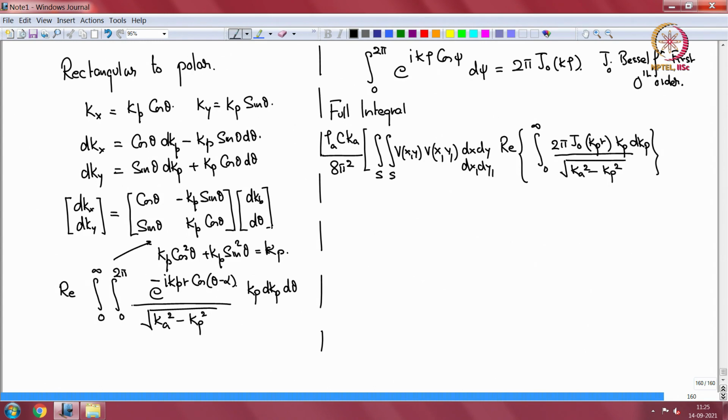Now this integral will remain real only as long as kp is less than or equal to ka. Okay, if kp exceeds ka, this becomes imaginary. So what I will do is remove this real part, and the integral limits change from 0 to ka. Okay.